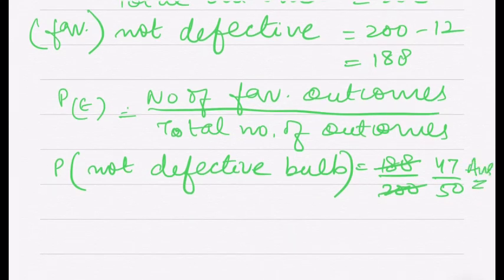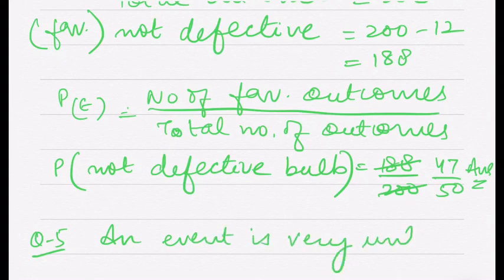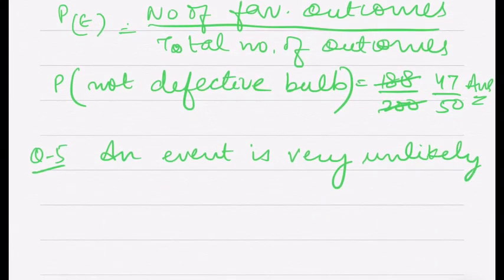Okay, so 4 questions are over. Now let's move to question number 5. Question number 5 says an event is very unlikely to happen. Very unlikely. It's like a near impossible event. Not totally impossible, but nearly. So an event is very unlikely to happen.